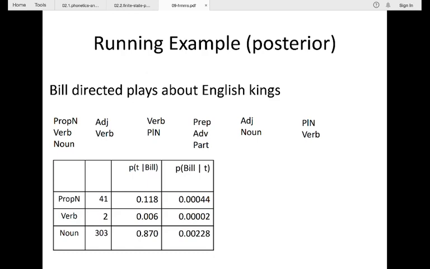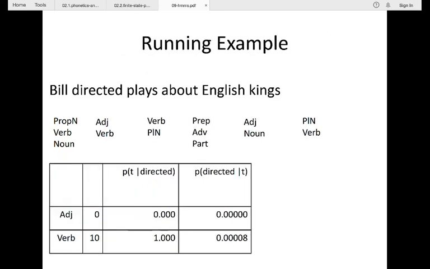The second one. So similarly with directed, it could be an adjective, but the probability of directed given adjective is basically 0, whereas the probability of directed given a verb tag is non-zero.